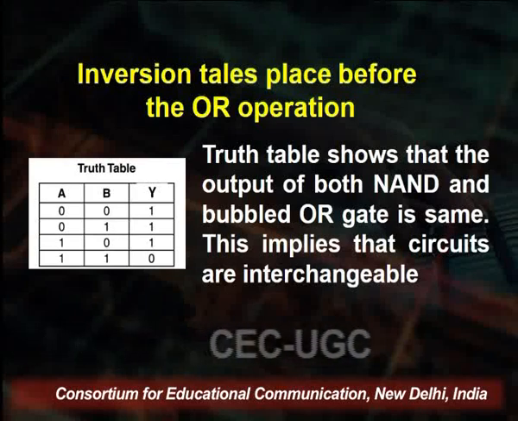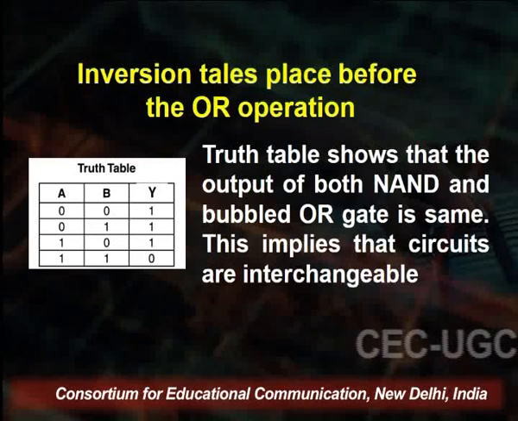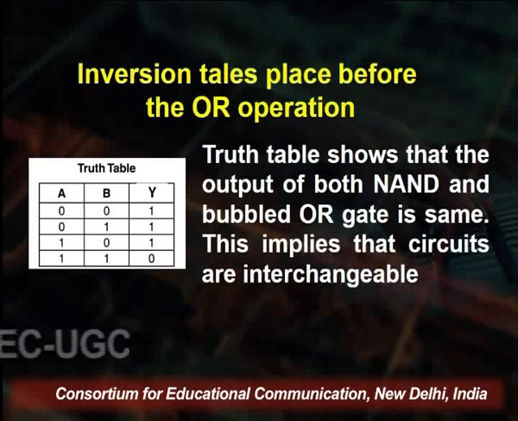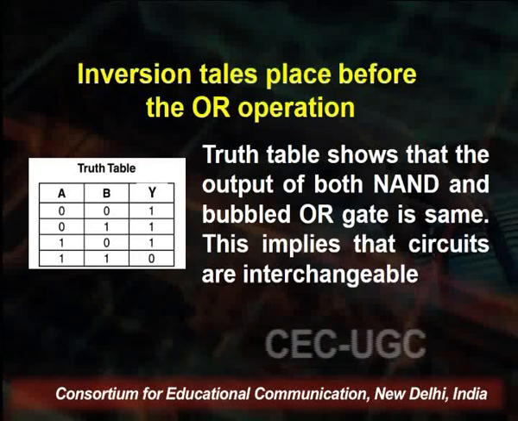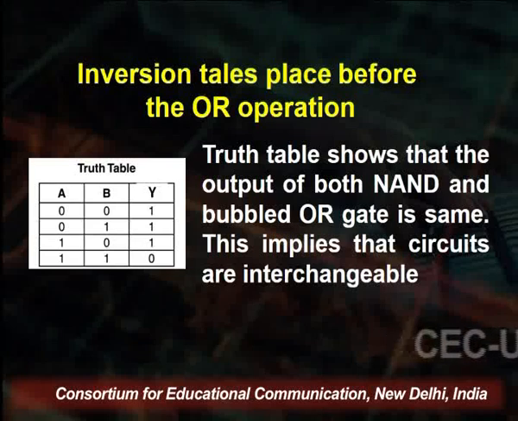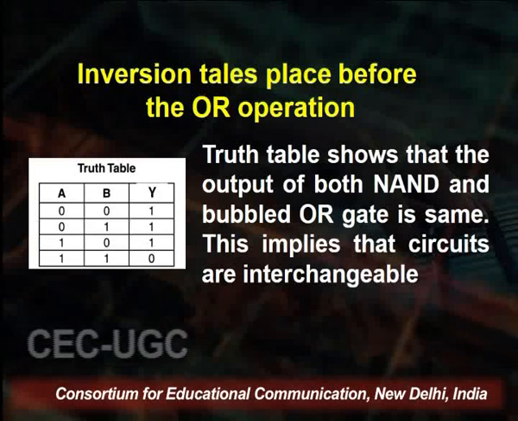So, again comparing both the truth tables of the 2-input NAND gate and 2-input bubbled OR gate, we find that they are exactly identical. It is therefore safe to summarize that the working of a 2-input bubbled OR gate is the same as that of the NAND gate.